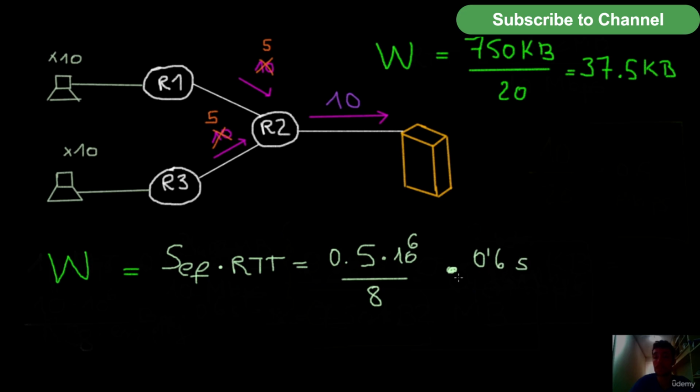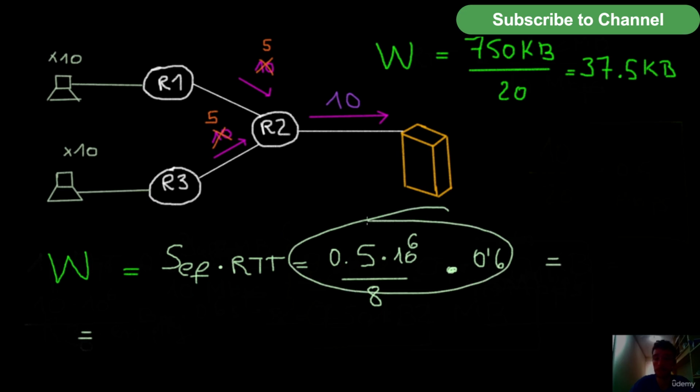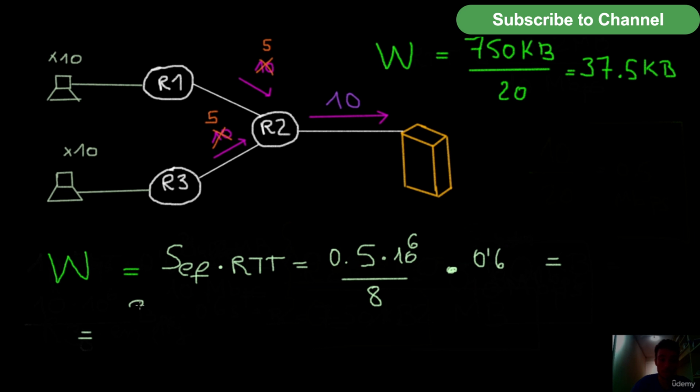Now, as we make this multiplication, what does this give us? If we multiply the numerator, all this gives us 300,000. As we divide this by 8, we get the value in bytes, because here we have seconds and here we have bytes per second, so the units simplify and we have the result in bytes.